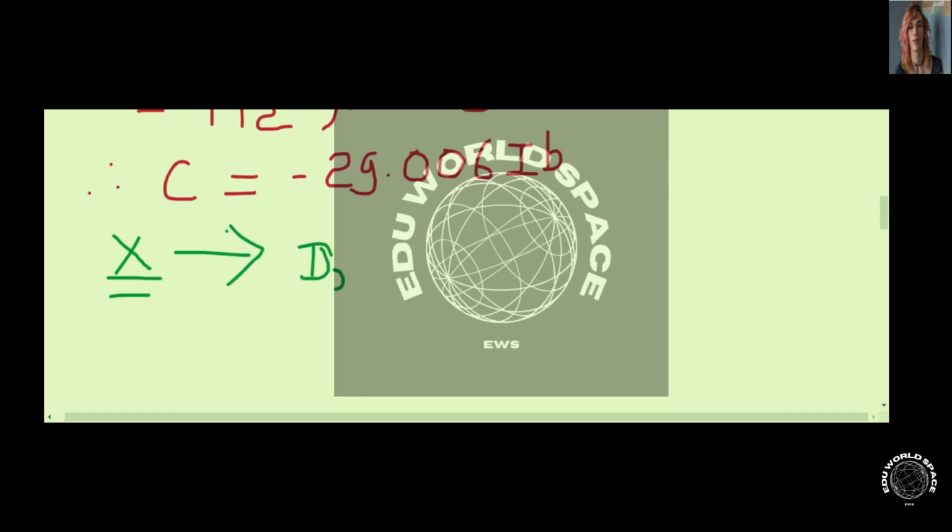So what I can write is Dx delta t plus delta m VA cos 60 is equal to delta m VB.